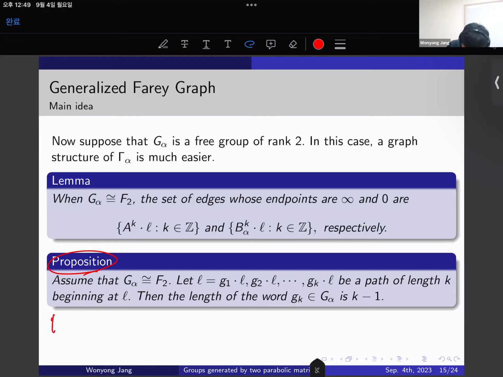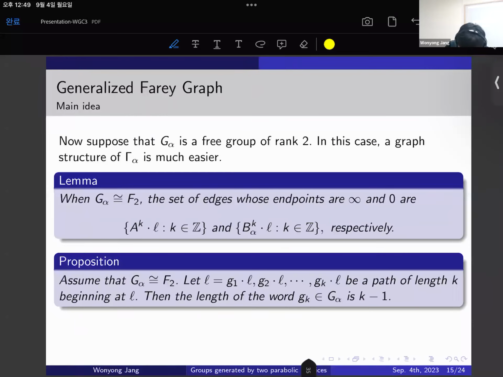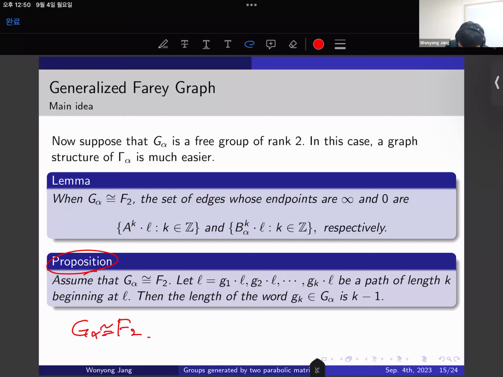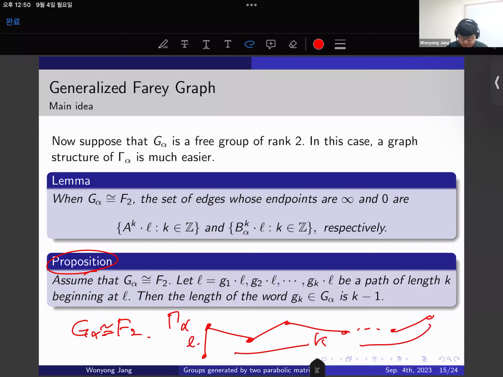Suppose G alpha is linked to free group, and suppose in the corresponding graph Gamma alpha there is a path of length k beginning at the geodesic L, which is the geodesic between 0 and infinity.